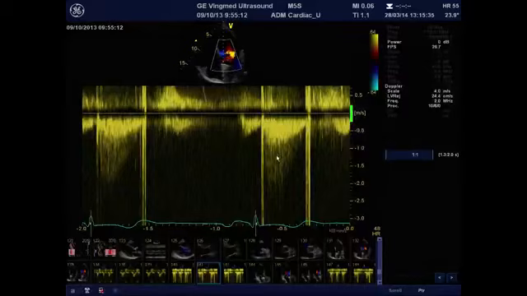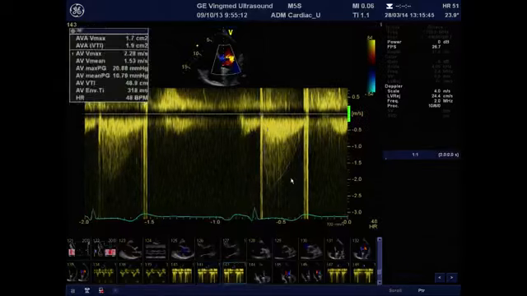To do this, you should adjust again the sweep at 100 millimeter per second, and you will trace simply the envelope like this. And with that trace, you will obtain the max velocity, the max gradient, and the mean gradient, and also the aortic valve velocity time integral that you will need in the continuity equation.